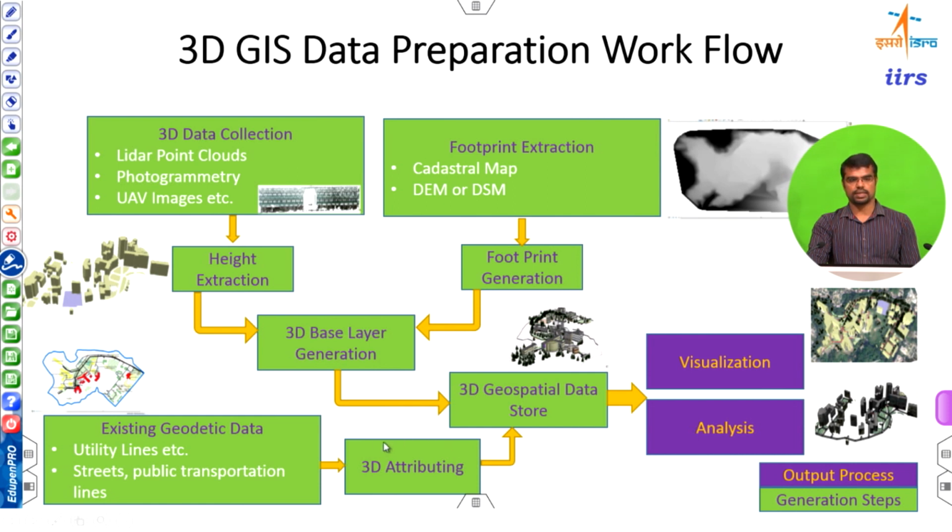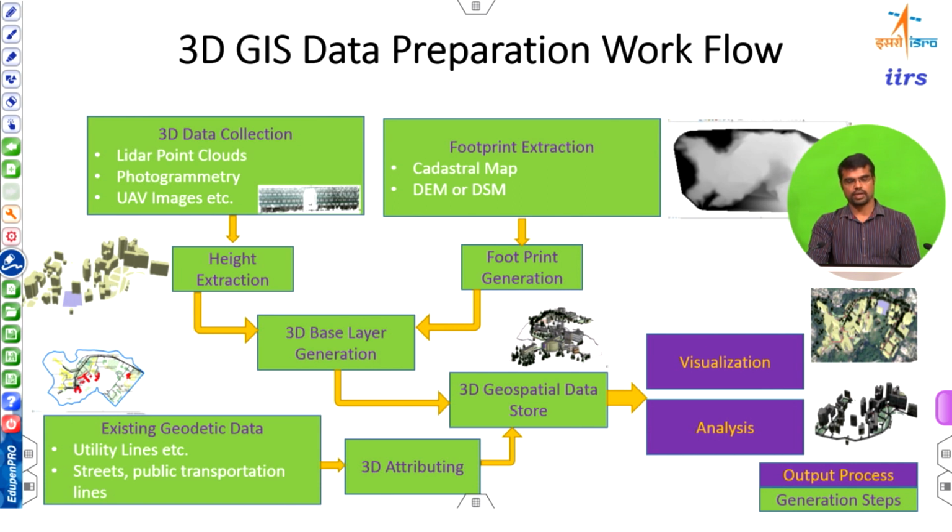So all the 2D GIS datasets get converted into 3D GIS datasets, and these datasets get stored in a common format in 3D geospatial data storage. So over here we are ending the process of data generation.